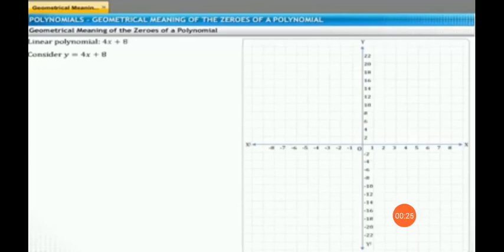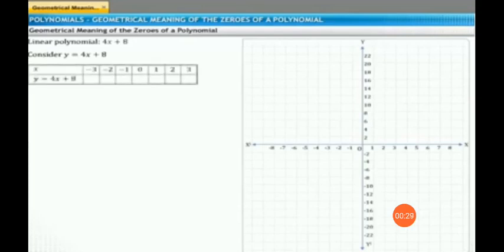We will assume the value of x, and accordingly we will find out the value of y as shown in the video. So like this, we can find several values of x and y. These x and y values become ordered pairs and they are known as coordinates.